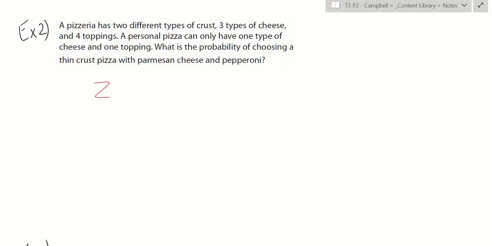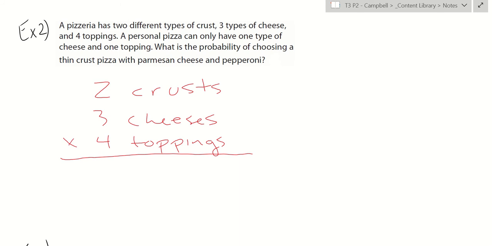So if we have 2 crusts, 3 cheeses, and 4 toppings, that gives us a total of 24 outcomes.